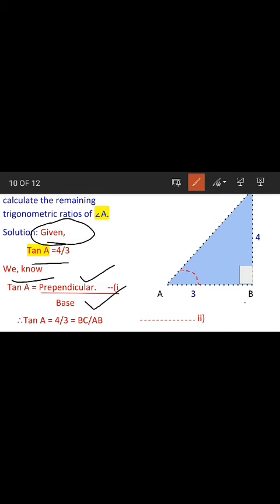We have done it in the previous section that tan A is always going to be perpendicular upon base in the trigonometric ratios. That is, tan A is P upon B.